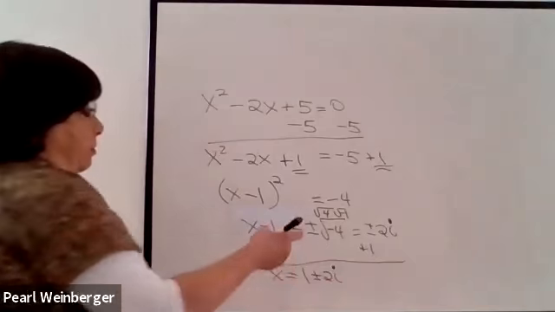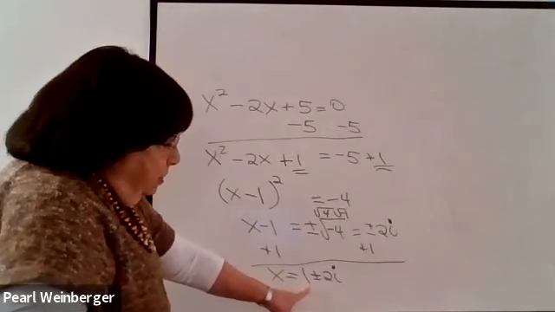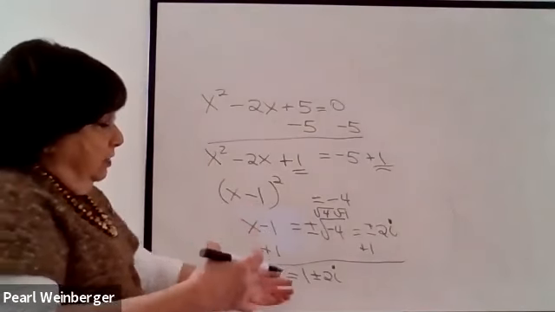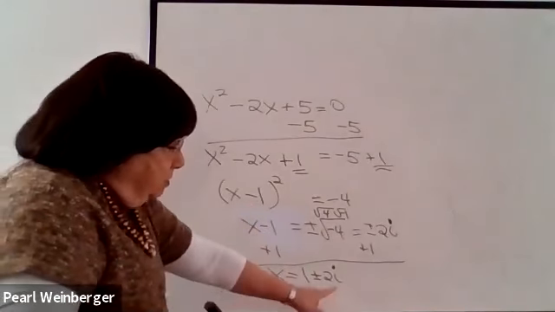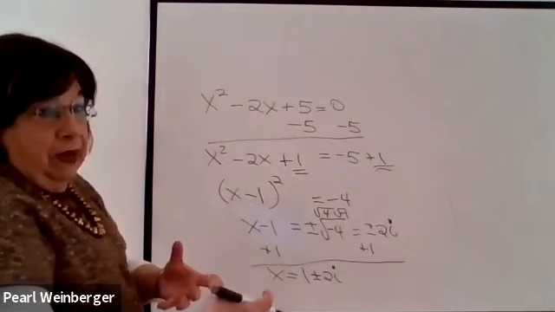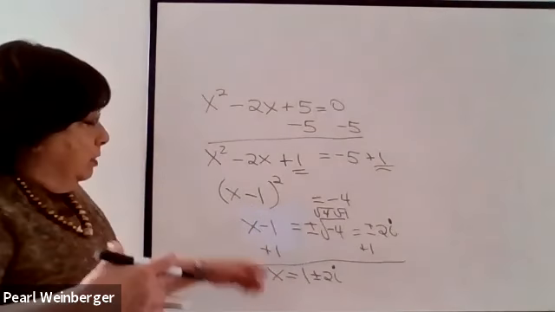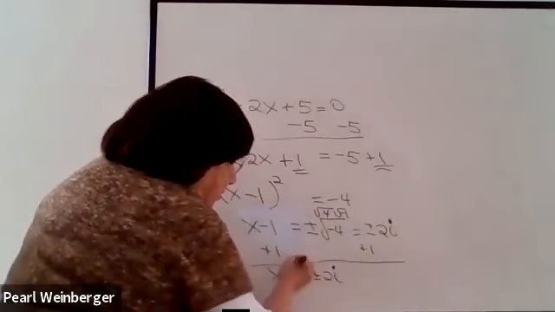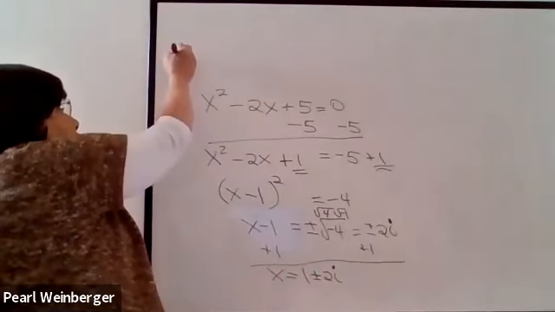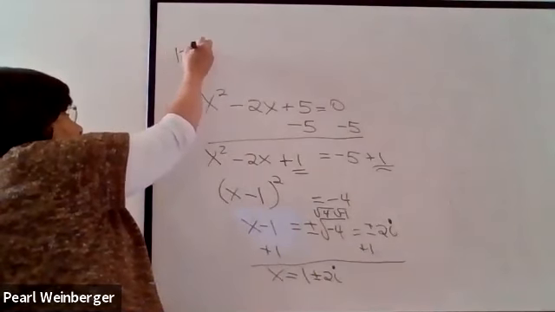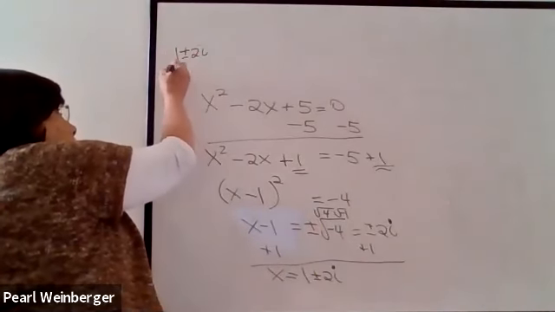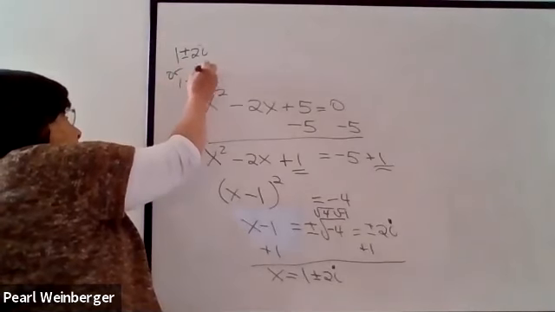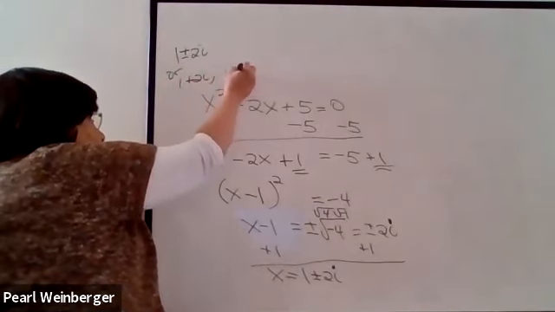I don't have to go any further because I know the 1 and the 2i are not like terms. This is a real number. This is an imaginary. They can't be combined. They're unlike radicals, if you want to call it. So you could just leave it. You could also write it separately. You can either write your answer 1 plus or minus 2i, or alternatively, you could write it separately, 1 plus 2i and 1 minus 2i.